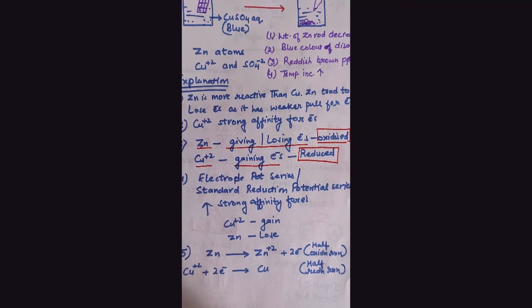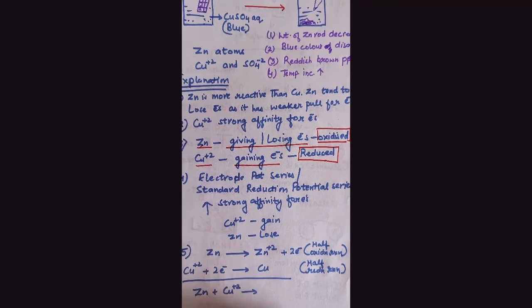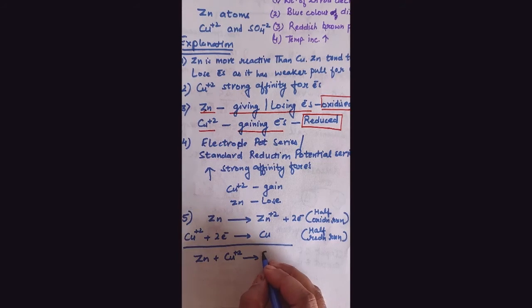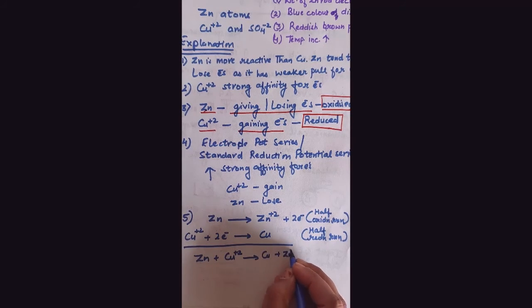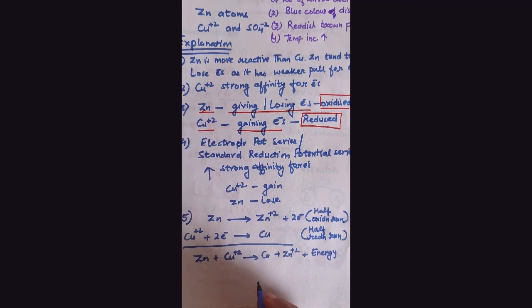And how do we represent the overall reaction? It will be zinc plus copper plus 2 forming copper plus zinc plus 2, and here energy is also released because this is a spontaneous reaction.